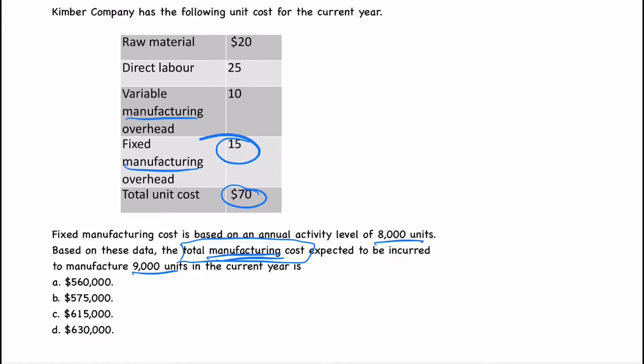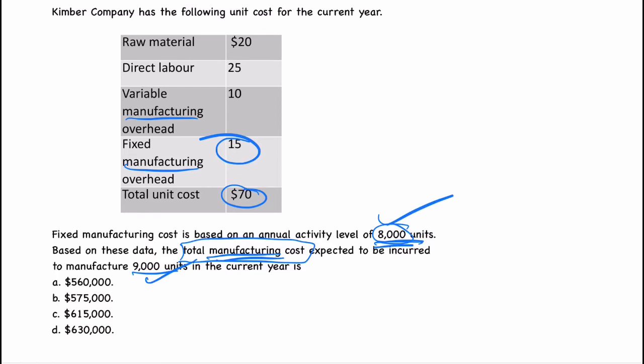Next, we are going to calculate the fixed manufacturing overhead. For what level are we going to calculate? For the 9,000 level or for the 8,000 level? We should calculate it for the 8,000 level. Why? The whole budget they have planned is for the activity level of 8,000 units, and they haven't specified any relevant range by when the fixed cost is going to double or vary.